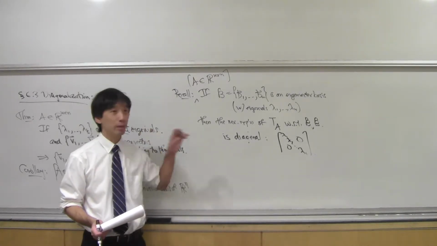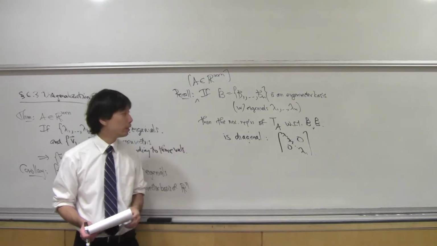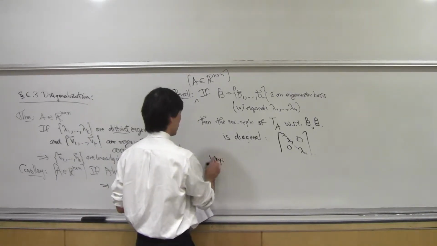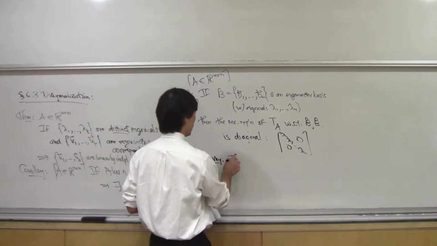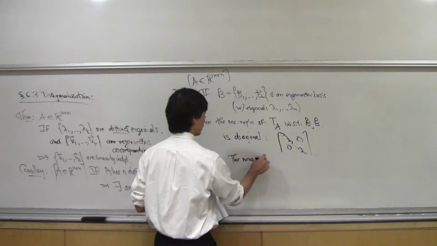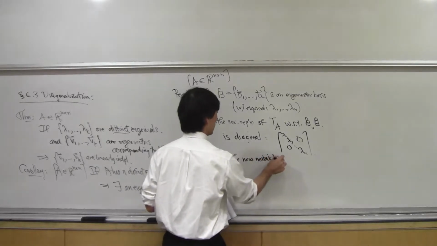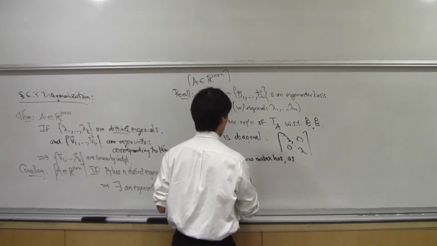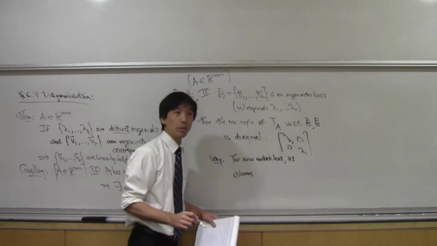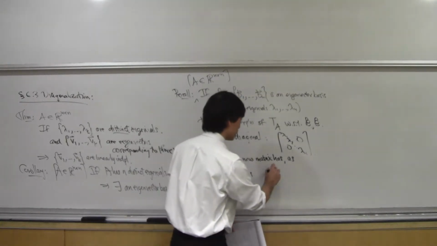Okay, you remember that? Everybody remember that? The way we saw it was that the new matrix has columns. Remember how you get the columns of the new matrix?